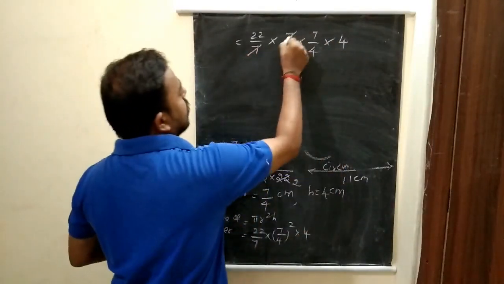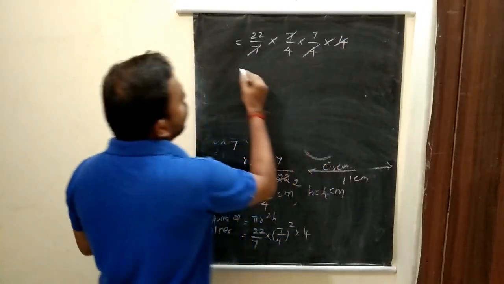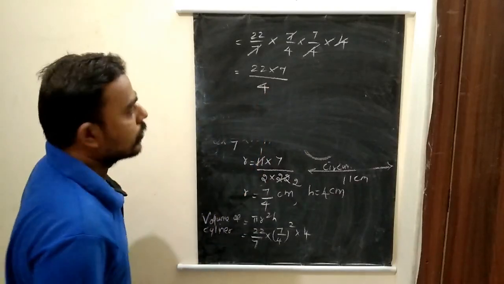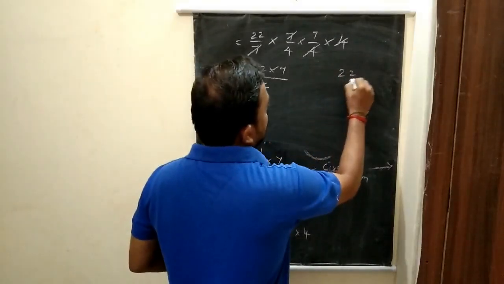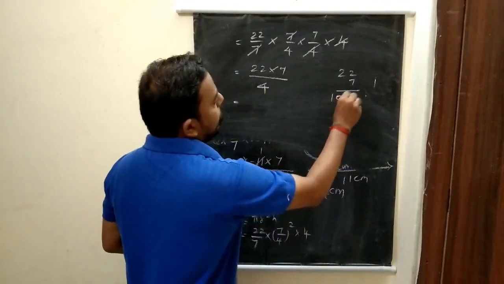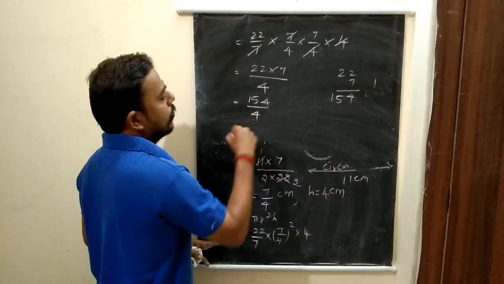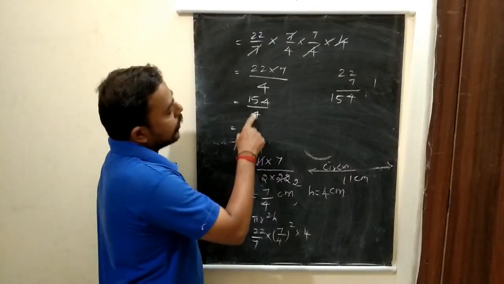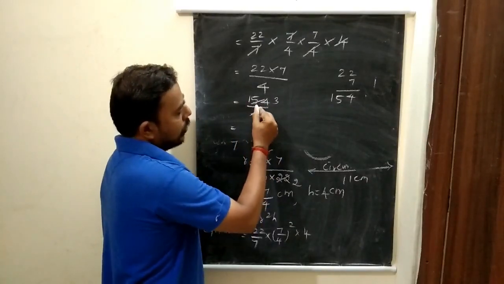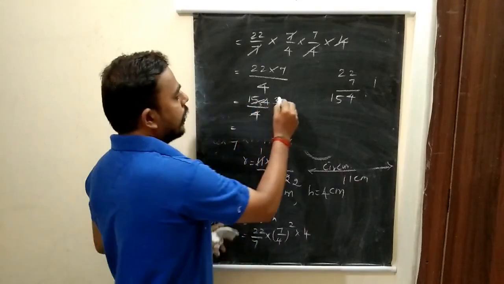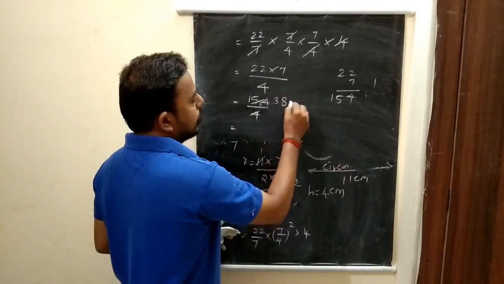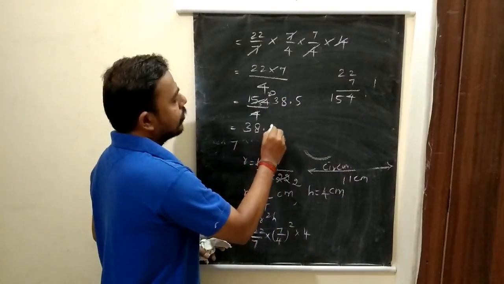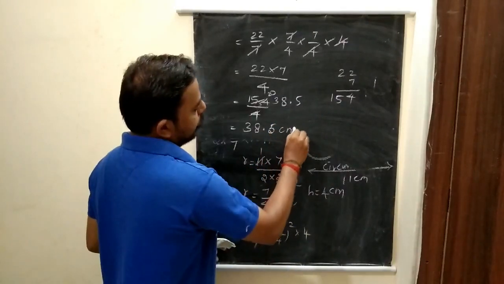Cancel this, 7 7, 1 4 1 4. So remaining 22 into 7 divided by 4. So 22 into 7 is 154 divided by 4. 3 4s are 12, remaining 3. 8 4s are 32, remaining 2. So put on decimal 0, 5. So 38.5. It's everything centimeter, so centimeter cubed.